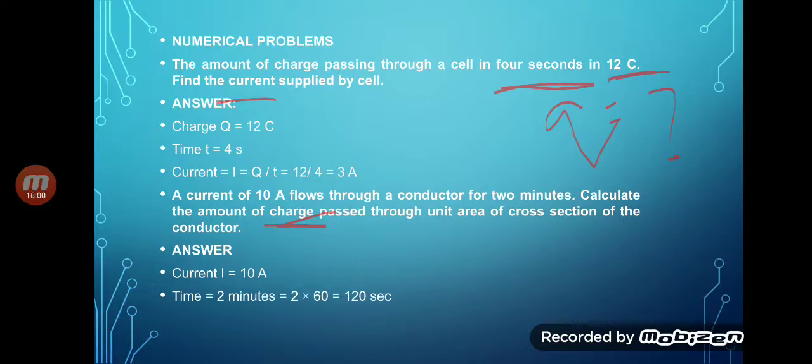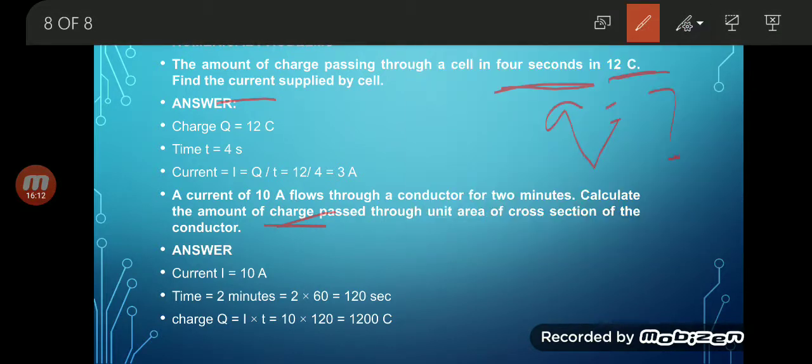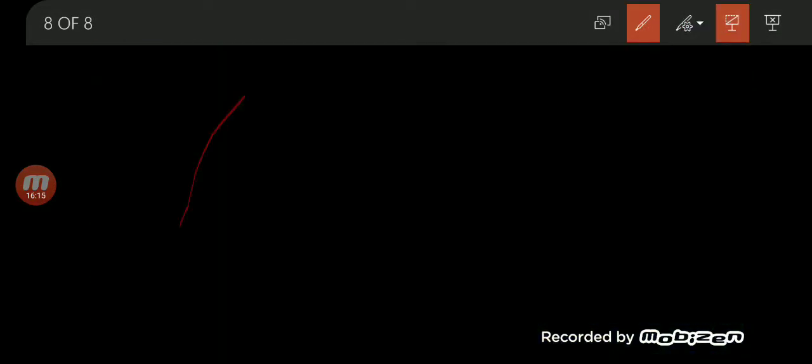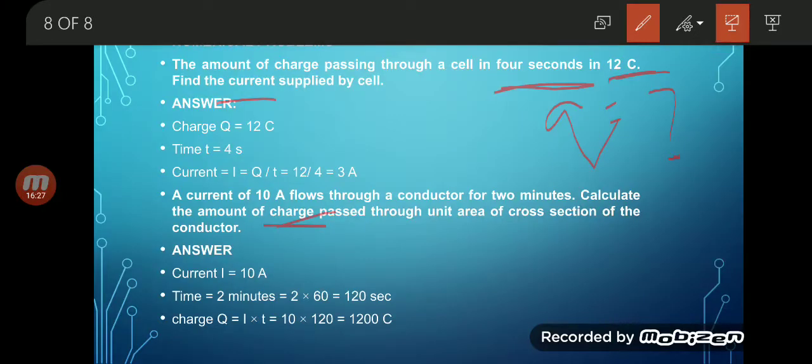The unit of time is seconds, so 2 multiplied by 60 is equal to 120 seconds. You have to find charge, so the formula of Q is I multiplied by T. Here I is 10, T is 120. Just multiply, and you have the answer 1200 coulomb.